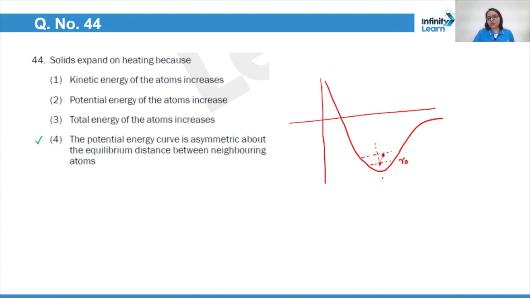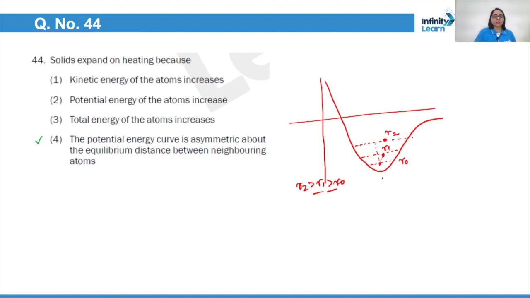Now this is the new mean position, R1. As we further increase the potential energy, this is the new mean position, R2. And you can see that R2 is greater than R1 is greater than R0. So because of the increase in the average distance between mean positions, because of the increase in potential energy, solid tends to expand.